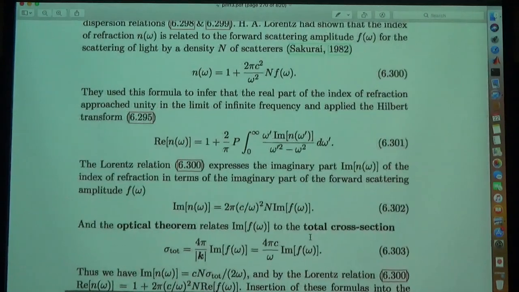Now, there's a famous theorem that you learn in quantum mechanics. It's called the Optical Theorem.